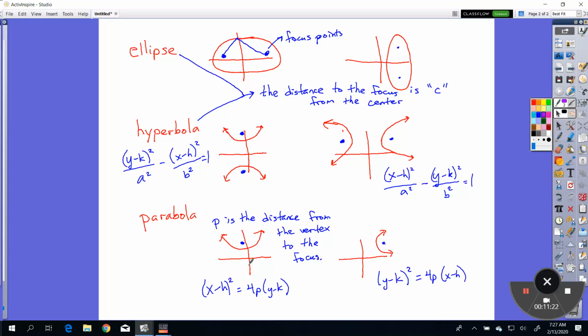Now, here's the relationship on these. Kind of like our Pythagorean theorem type thing, but it's not Pythagorean theorem.